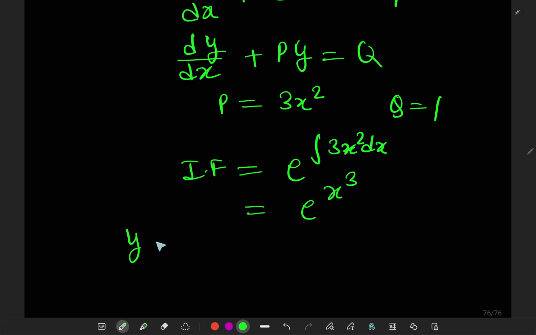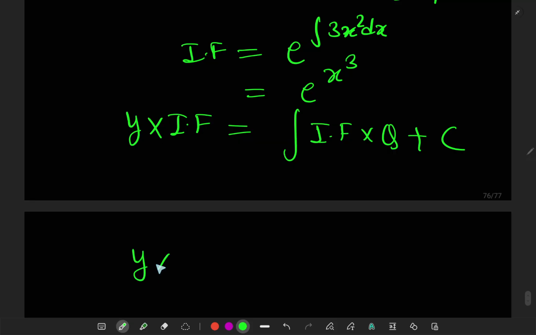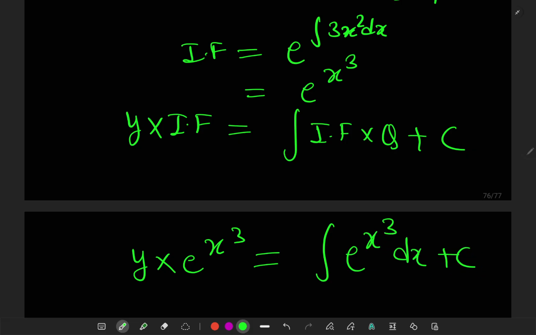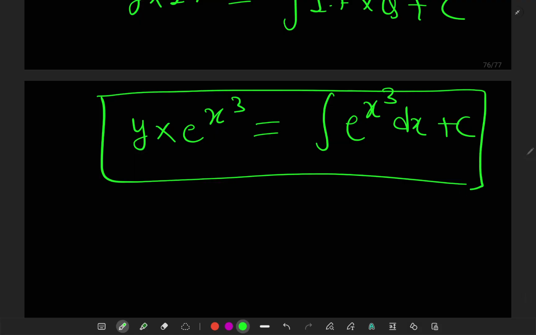Now putting in this identity, y into e raised to power x cube is equal to integration of e raised to power x cube dx plus c. Now this is a solution of this differential equation. For more solution, you can integrate this.